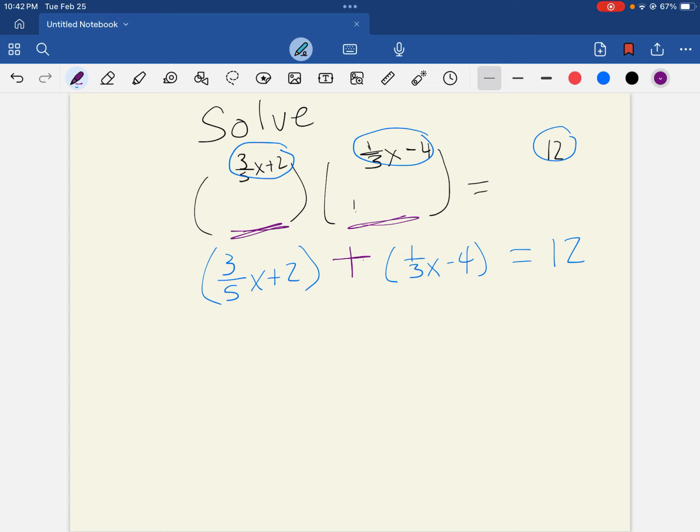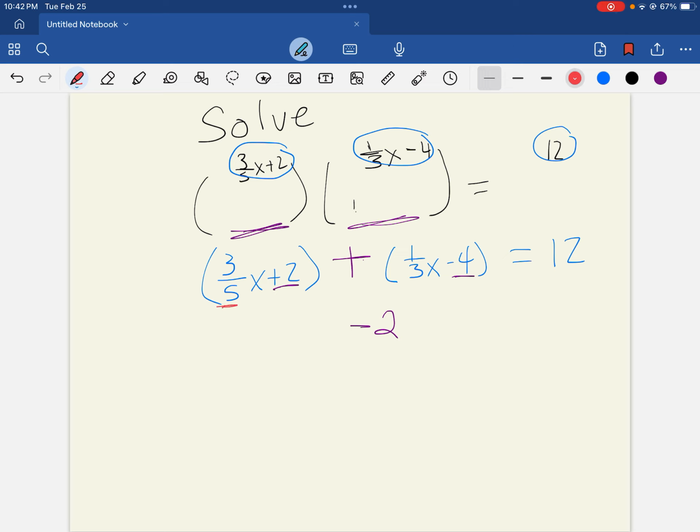Okay. Now, what we are going to do, I know what those two things added together are. 2 minus 4 is -2.